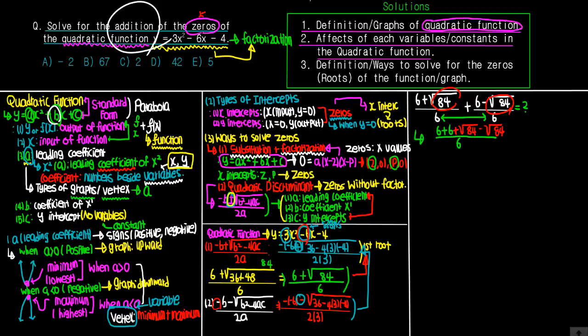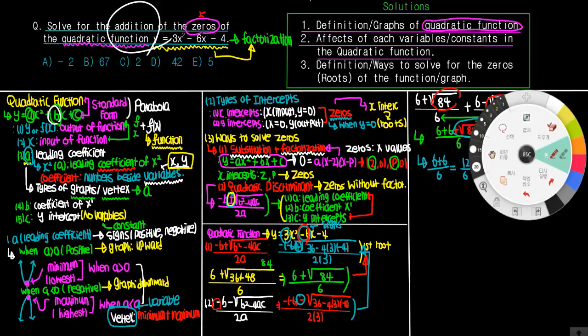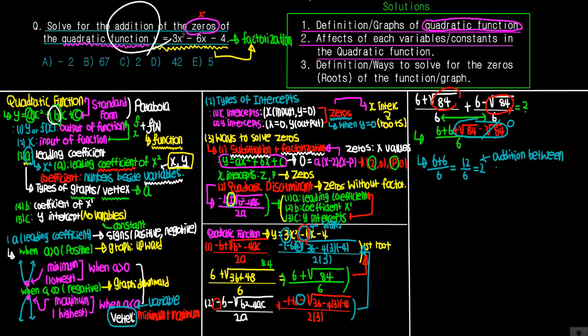The plus square root of 84 and minus square root of 84 cancel out to 0. We get 6 plus 6 divided by 6. 6 plus 6 is 12, divided by 6, which gives us 2. 2 is the sum of the zeros. This is our ultimate answer.